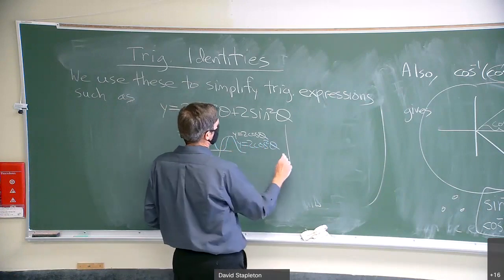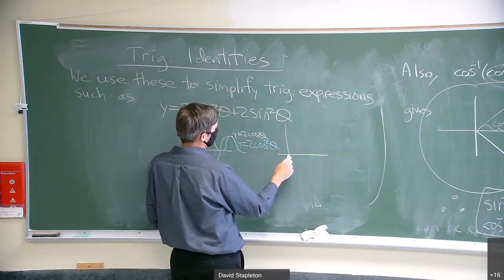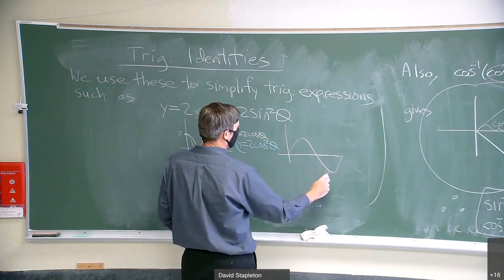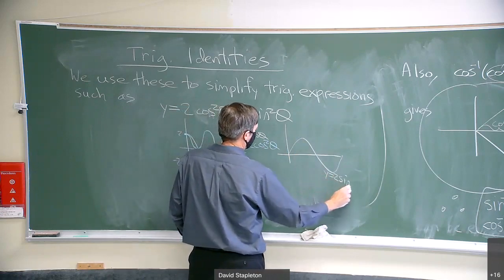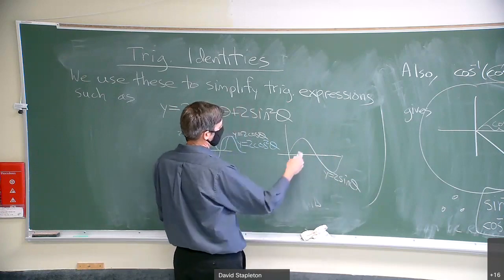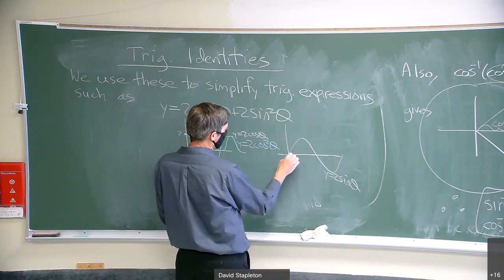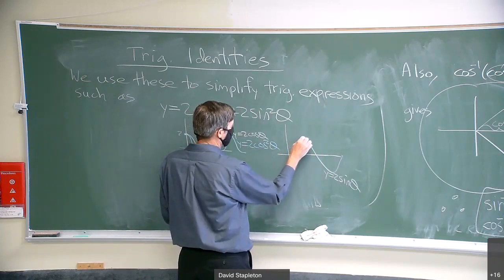And then over here, I might ask, what does 2 sine squared look like? Here's 2 times sine theta, and its square is non-negative. Whenever sine is equal to 1, then 2 sine squared is equal to 2. So it will look something like this.